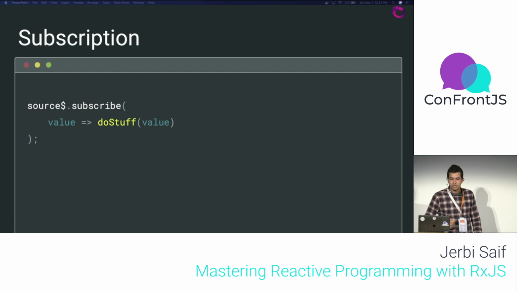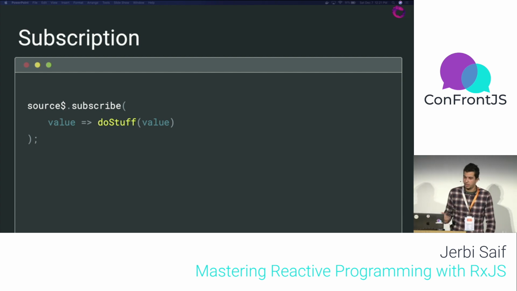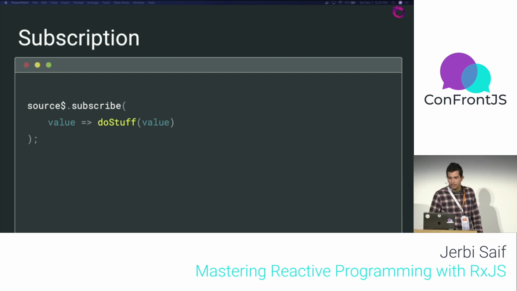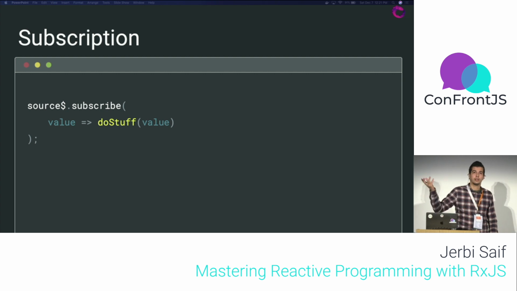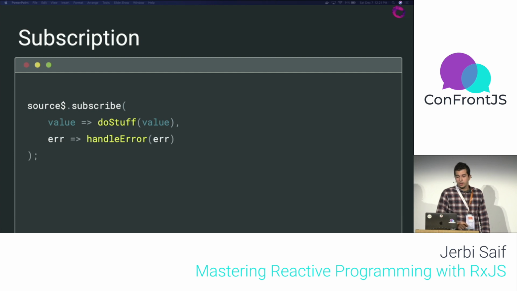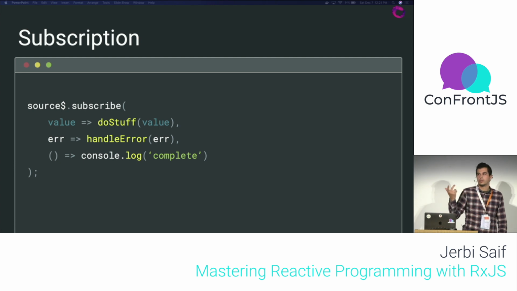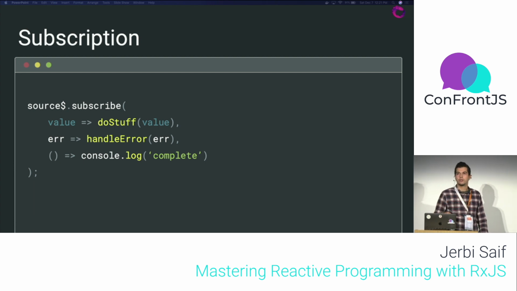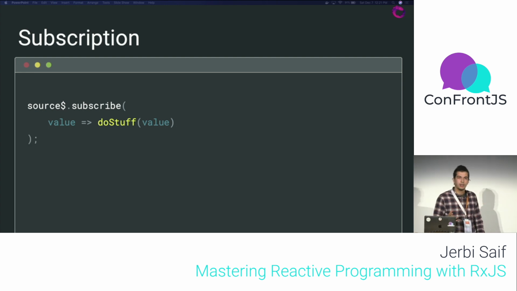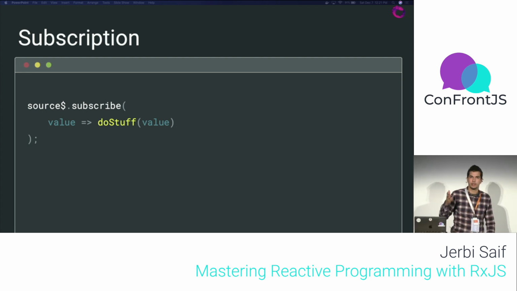To subscribe to an observable, you have the subscribe method, and you get the value and do what you want with this value. Also, you can provide a callback to handle errors. And finally, if you want to know when the observable is completed, you can also handle this. But in general, developers use subscription this way.